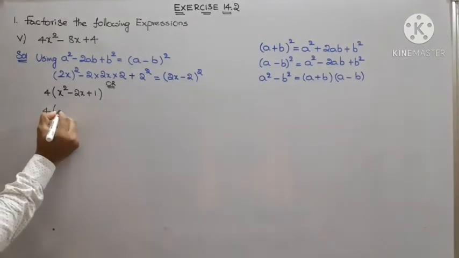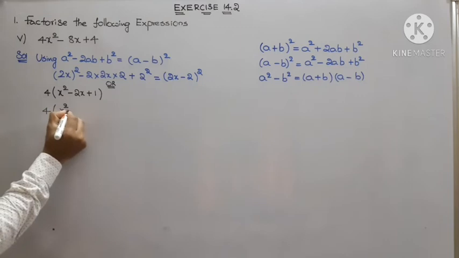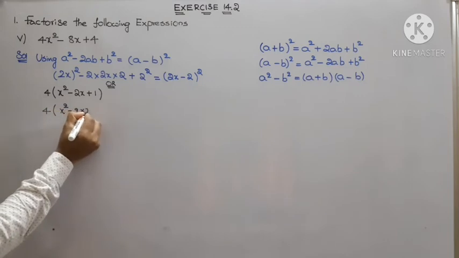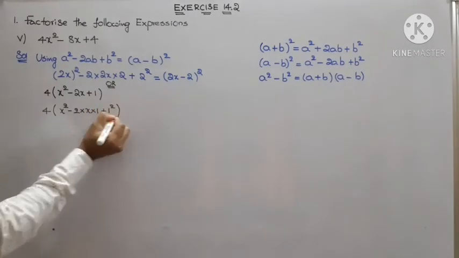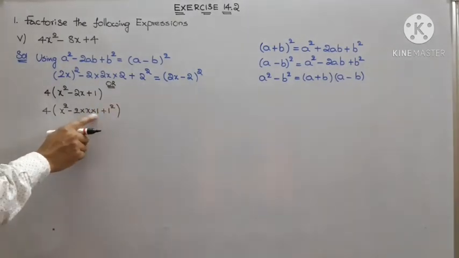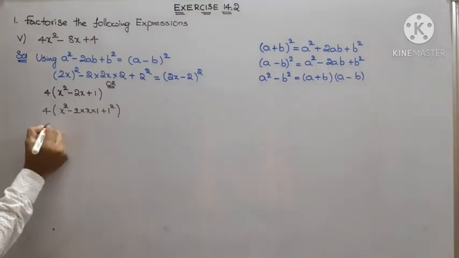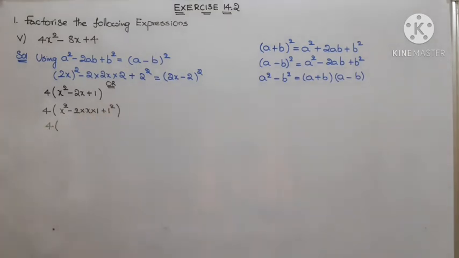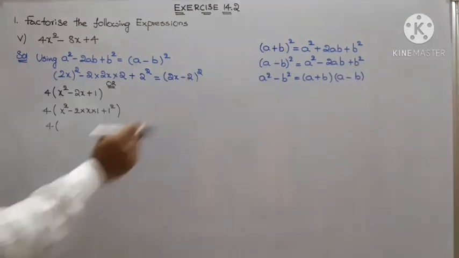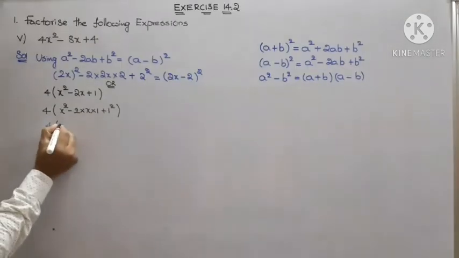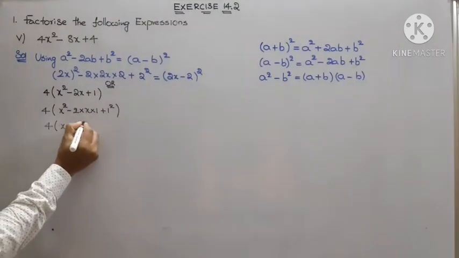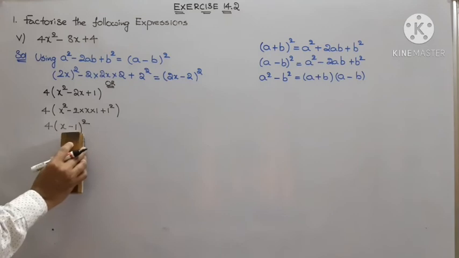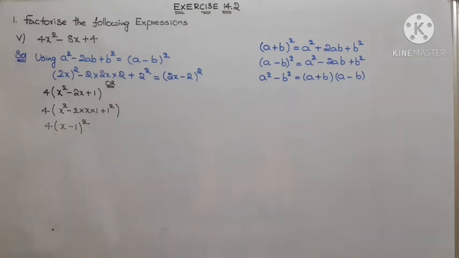Hence, look, x square minus 2 into x into 1 plus 1 square, which makes 4 into a minus b whole square. What is a here? x. b value is 1. So 4 into x minus 1 whole square. So you please write this as an alternate method. So both can be useful.